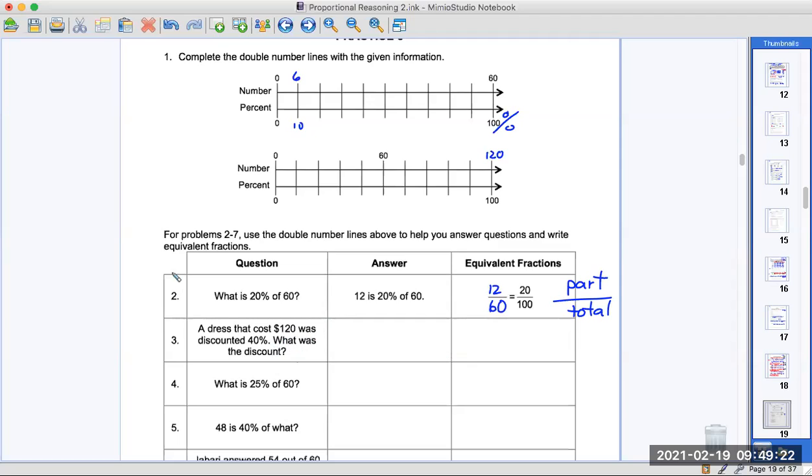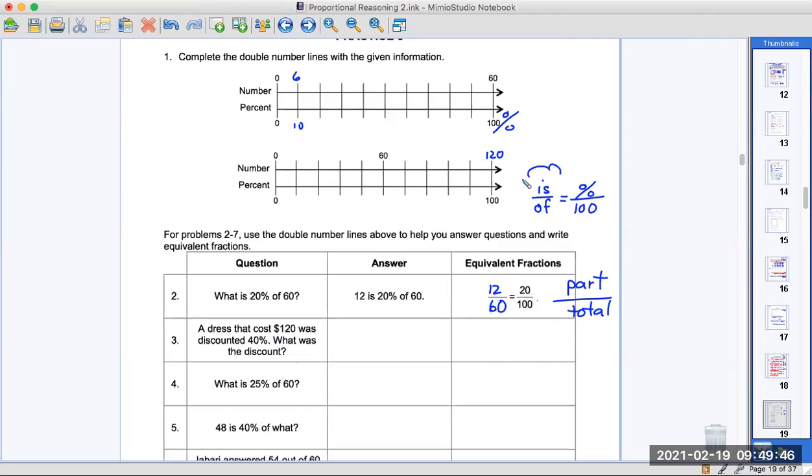All right, your job is to fill in the rest. The equations here are going to look like that. And I can give you a little clue. The word is goes with the top. The word of goes with the bottom number. And then the percent is always in this spot. And it's always 100 in this spot.